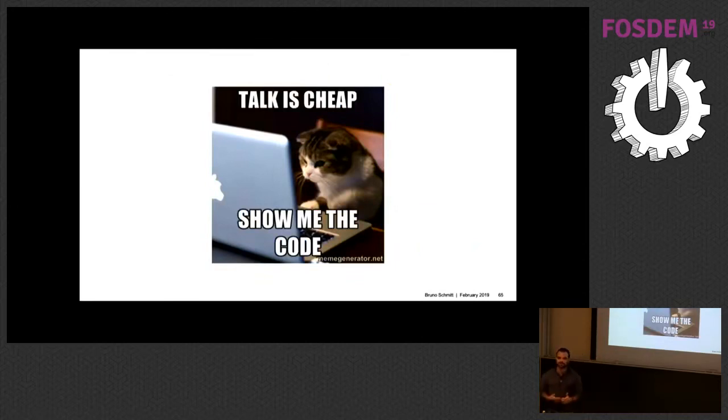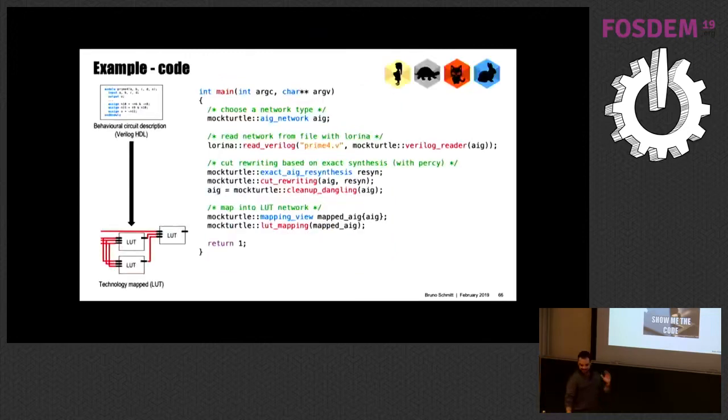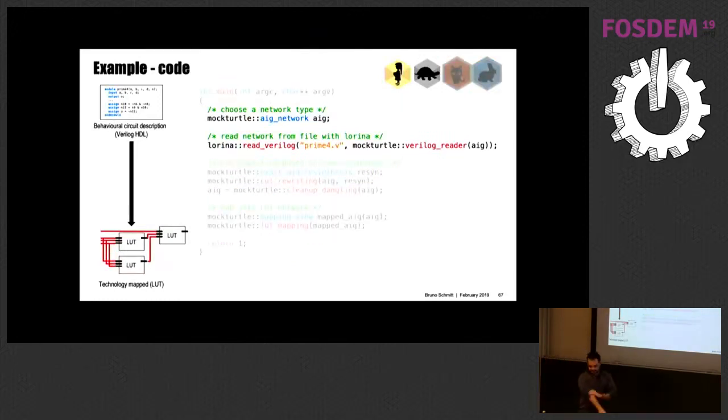How does the code look like to do all these steps that I just told you? And it is basically this code. Here we first load the network, and we parse the input and create the network.